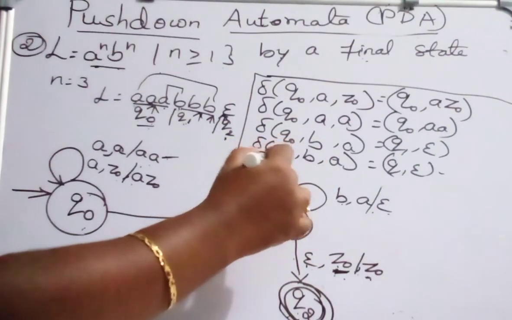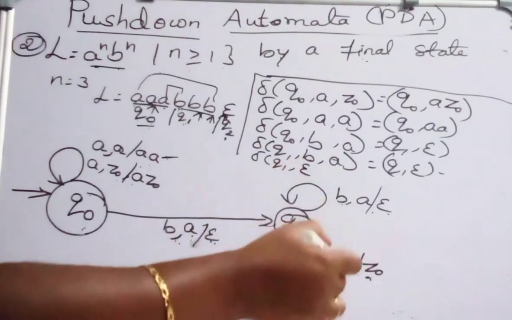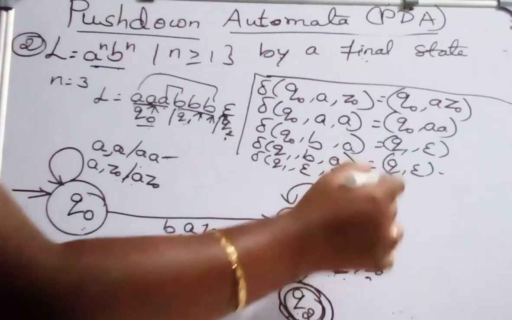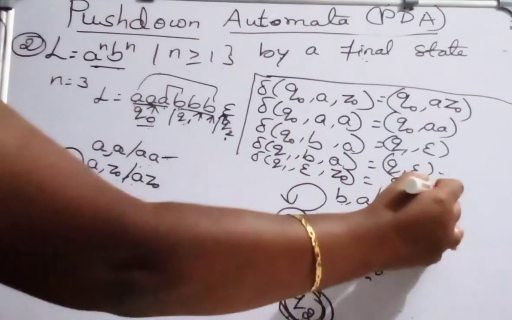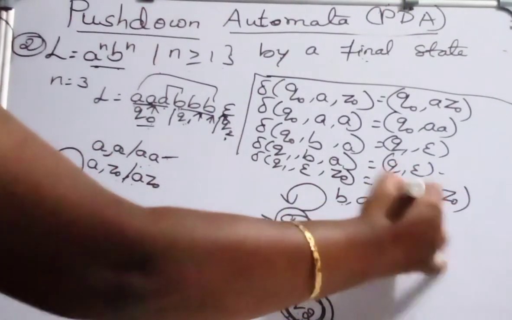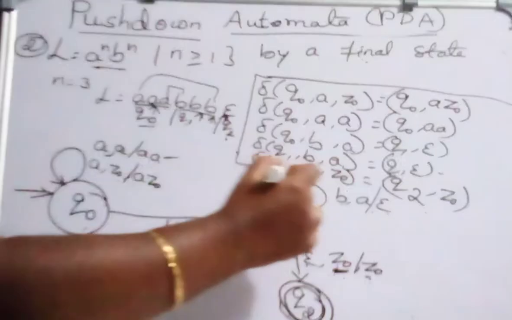Then in the state Q1, when the string to be scanned becomes null, the top of the stack should be Z0. It moves to the state Q2, comma, the content of the stack Z0. So this is our final configuration, guys. This is very, very important.